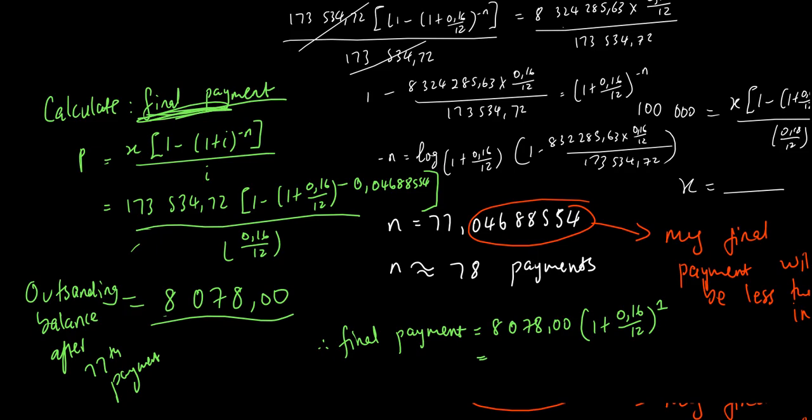So you say answer times (1 plus 0.16 over 12) to the power of 1. So this is the final payment guys, 8,187.73. As you can see, it is smaller than the installments that I was paying, the 173,000.